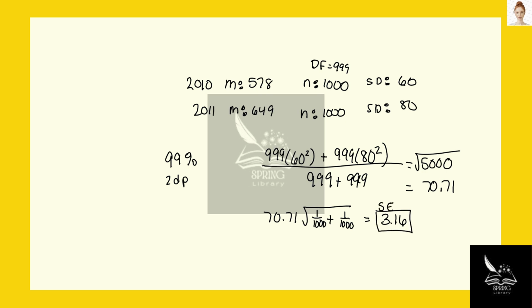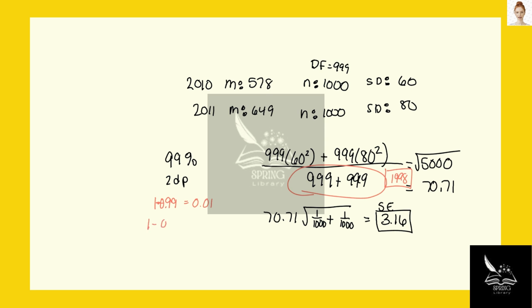So then you take your degrees of freedom. 999 plus 999 is 1,998. And you take 1 minus 0.99, that's 0.01.